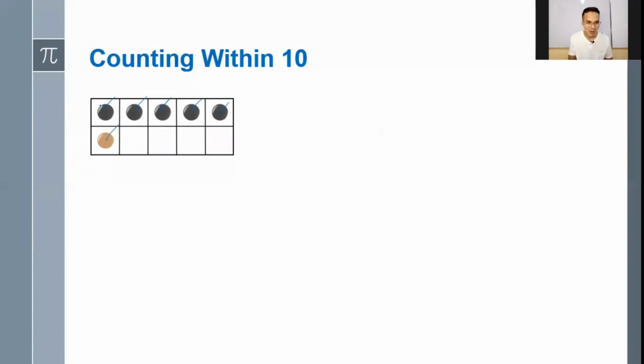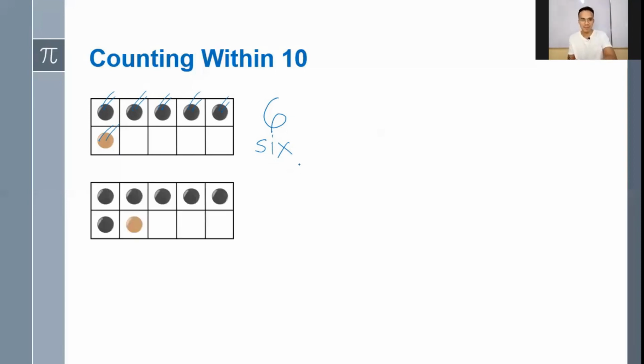Again, 1, 2, 3, 4, 5, and 6. And to write number 6, that's how you write number 6. And to spell out the word 6, 6 starts with letter S, followed by I, and then X. This is 6. We're almost there.